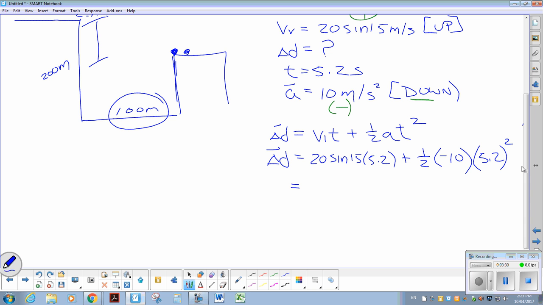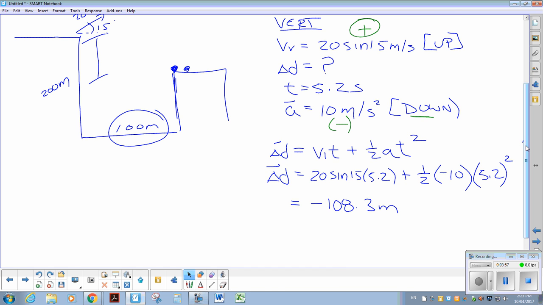So we can punch that into the calculator: 20 times 5.2 times sine 15, plus 0.5 times negative 10 times 5.2 squared. And I get a total of negative 108.3 meters. Now remember, we're determining how far the mail fell in that 5.2 seconds. So it fell 108.3 meters.